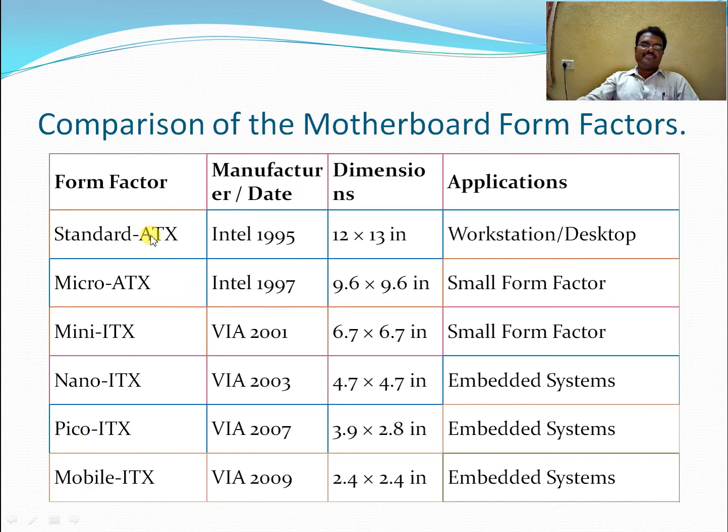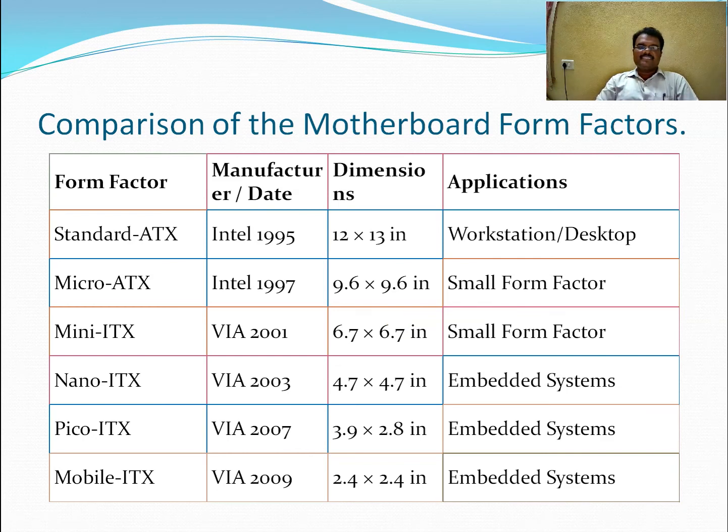Standard ATX was manufactured in 1995 by Intel. The dimensions are 12 by 13 inches, and it is used in workstations and desktop computers. Micro ATX was introduced in 1997 by Intel Corporation. The size was 9.6 inches by 9.6 inches, a small form factor.